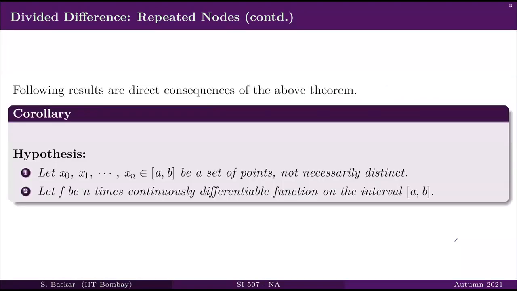The following result is a direct consequence of the Hermite-Genocchi formula. Assume that you have n plus 1 nodes in the interval a comma b. Now we are relaxing the condition that they are distinct, saying that they are not necessarily distinct. And further, we have f, which is n times continuously differentiable on the interval ab.